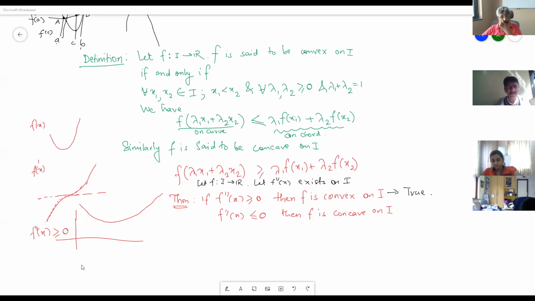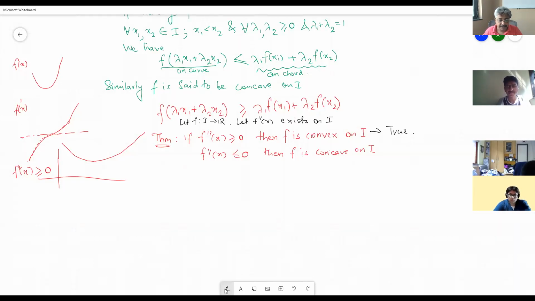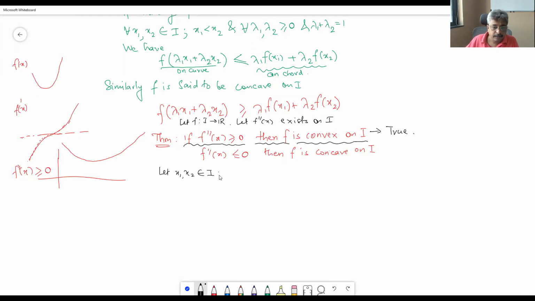Okay, let me give you the setup. Now it is given that f double dash exists on I, and let us take this case where we want to prove it to be convex. Similar work for the second case will show that it is concave. So, let x1, x2 belong to I. Let x1 be less than x2.